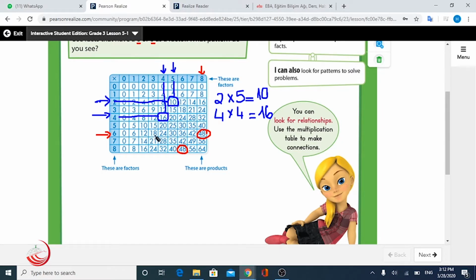What do you think? Let's see. 18 plus what can give me 48? 18 and 30 can give me 48. 18 is a product of what? 18 is a product of 6 and 3. So 6 times 3 will give me 18, right?